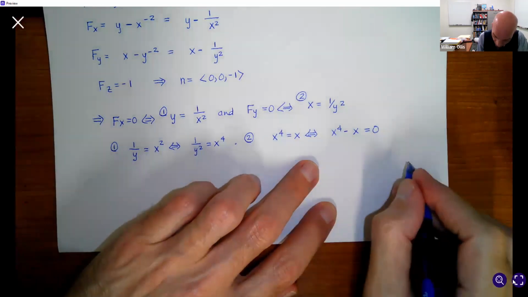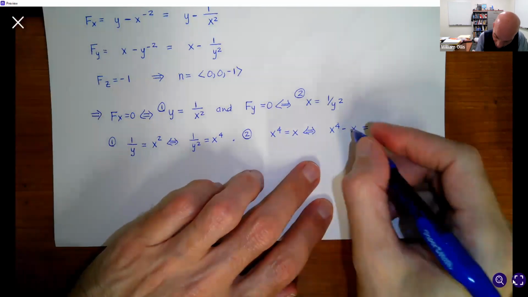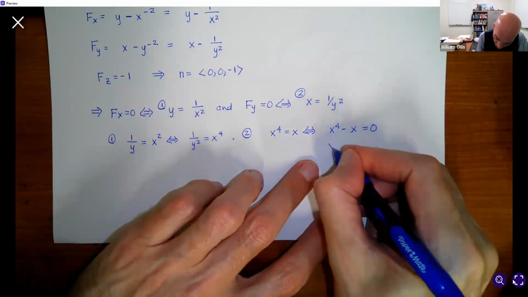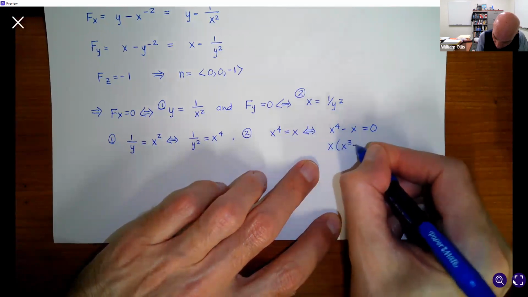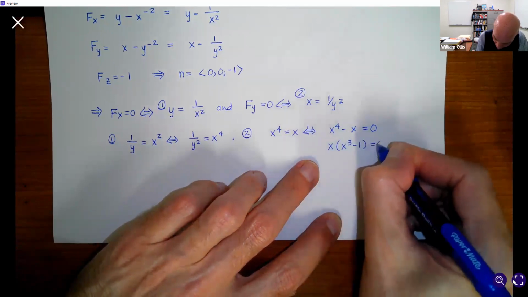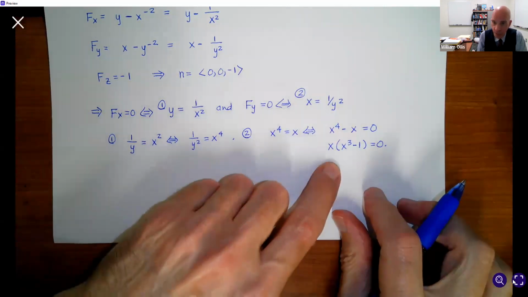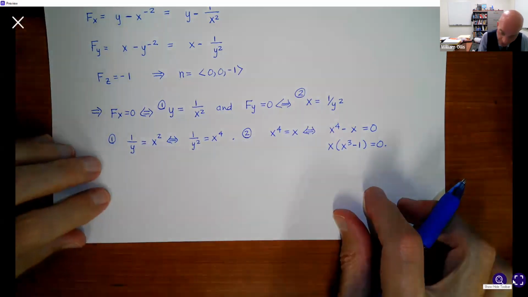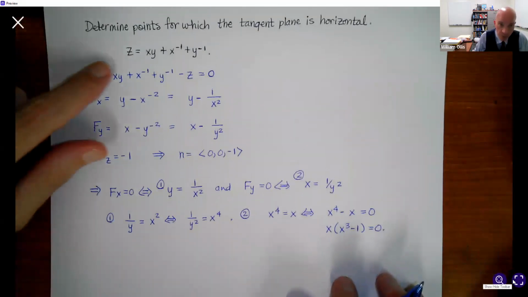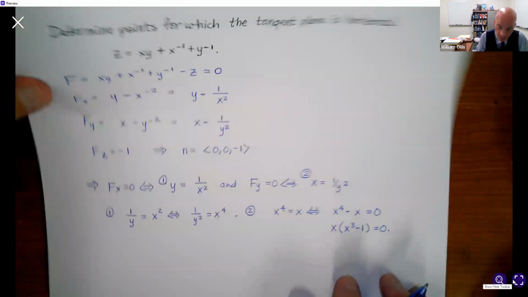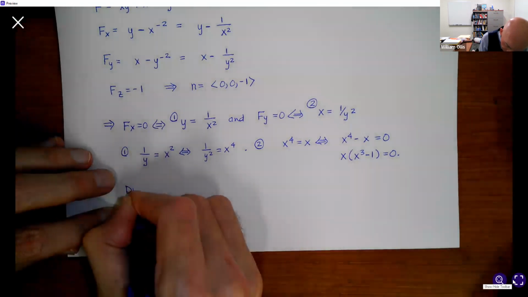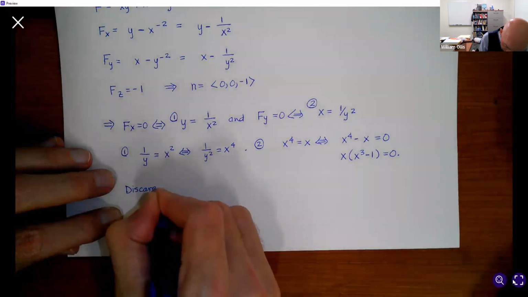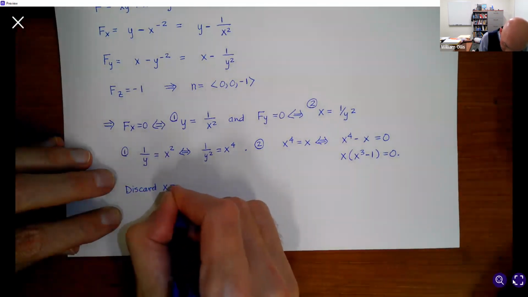And of course, now we enjoy our factoring. No constant term. So equivalently, x times x cubed minus 1 equals 0. So now, of course, x equals 0 by zero product, we discard by nature of the original surface. That would not be a point on the surface. So we discard x equals 0.